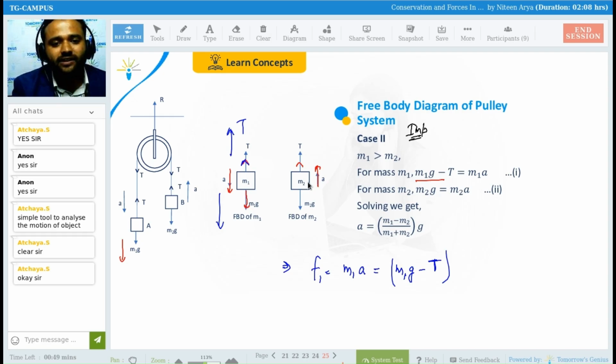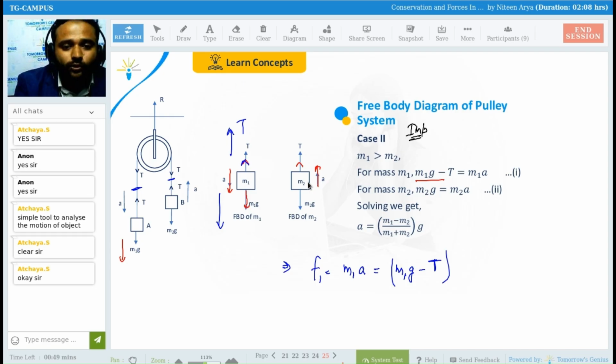Okay. For mass m2, m2g equals m2a. Why do we not take care of tension here? Because whatever tension applies in this, we subtracted already in this. The same tension force, because the string is the same, the thread is the same, right? So we are not considering it here.